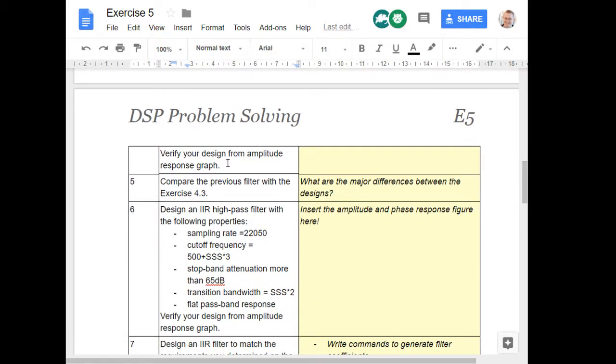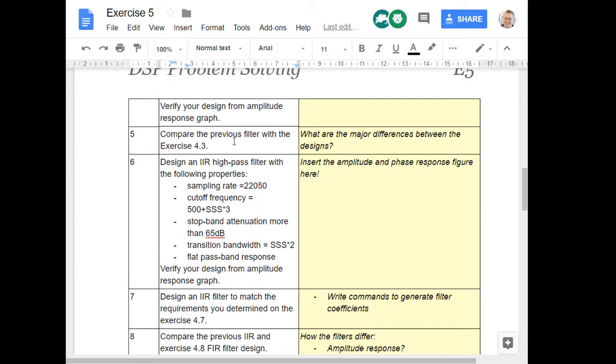Verifying the design from the amplitude response graph. Compare. Okay, exactly the same filter was designed in the previous exercise, the FIR filter, and you should compare what the major differences between the designs are. What is different?